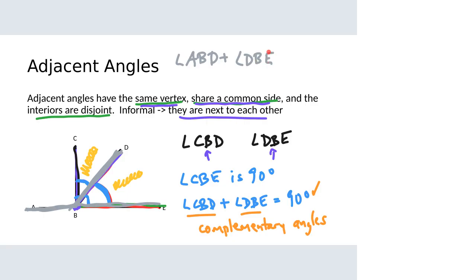So if I add those two together, I'm taking this one, which is all of this, and adding it to this one, which is this right here. Oh, well, then those add to make 180 degrees. Two angles add to 180 degrees, we call them supplementary angles.